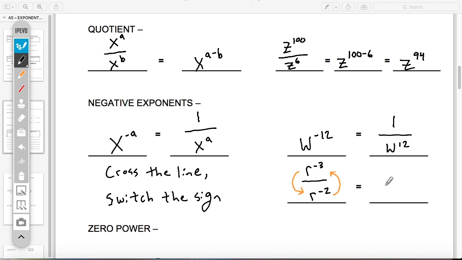So this top expression, r to the negative 3rd power, comes down and turns positive. So we have r to the 3rd power. This bottom expression, r to the negative 2nd power, moves to the top and becomes r to the positive 2nd power. Okay, pause the video if you need more time.